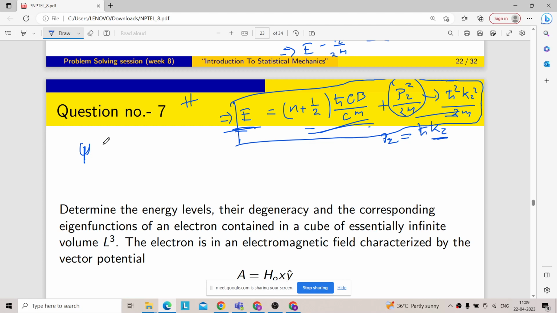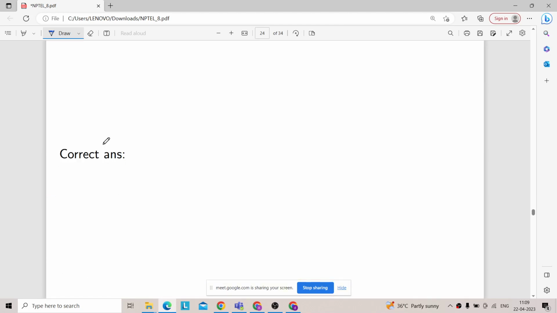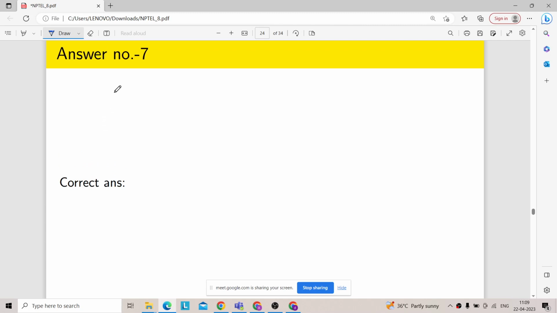We had psi of r initially, so psi of r is nothing but psi of x, y and z, right?